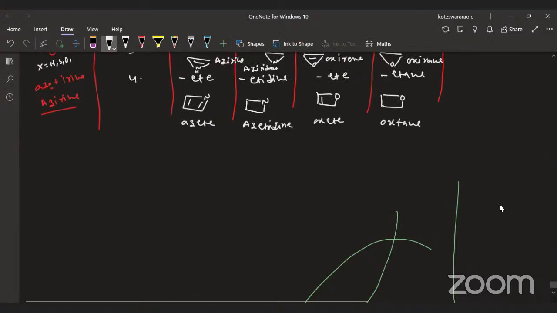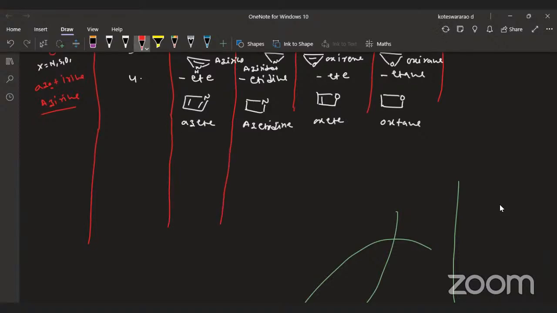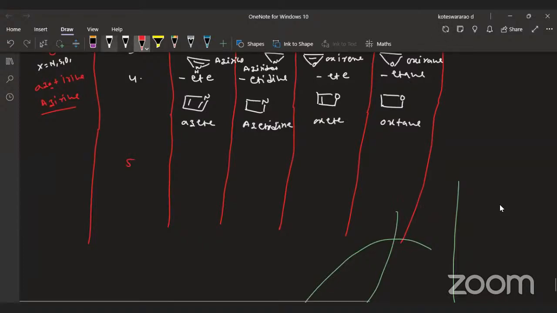Now, next 5-membered ring. For 5-membered ring, it is nitrogen with unsaturation. For example, pyrrole.